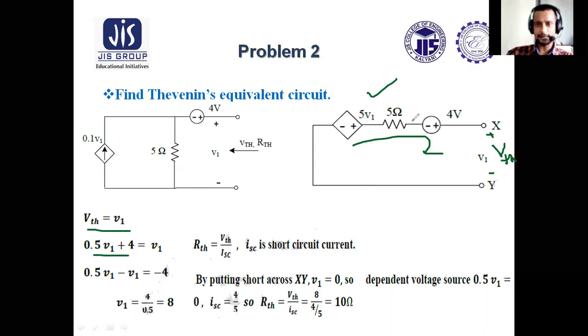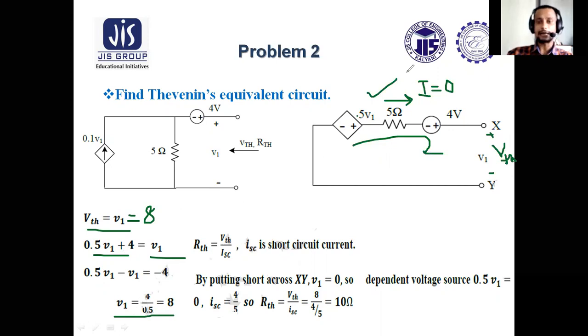As this is open circuited, no current can flow, so the voltage drop across 5 ohm will be 0. So 0.5 V1 plus 4 equals V1. So from this we can calculate V1 equals 8. So V1 is 8, which means VTH is found to be 8 volt.